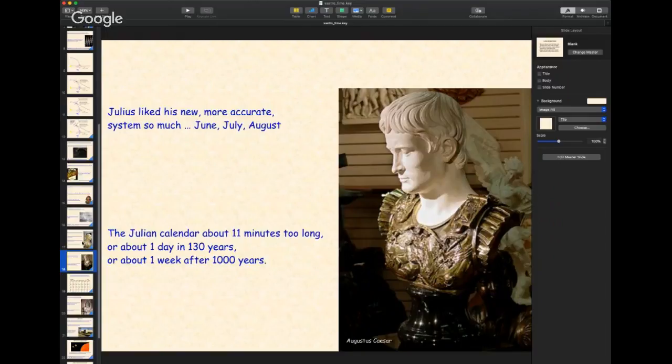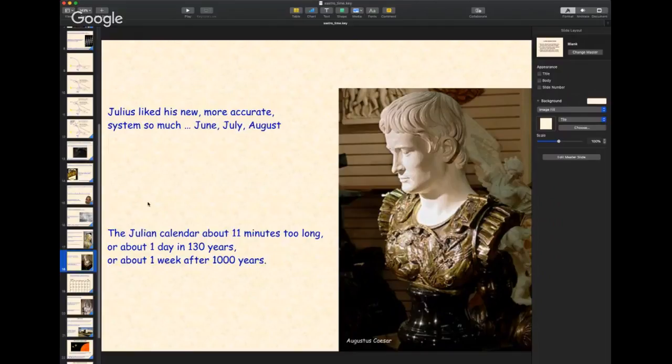The only one that stuck was Julius's grandson, Augustus Caesar, and it is from Augustus Caesar that we get the month August. So June, July, and August are from the days of Julius and Augustus Caesar and their power structure. So that's how we get June, July, August, September, October, November, December. All those names coming from the Roman calendar.